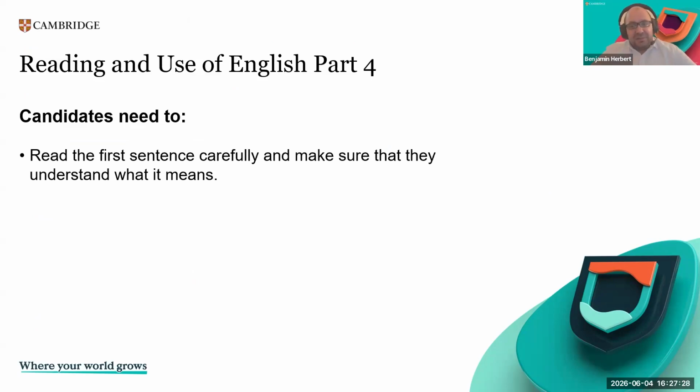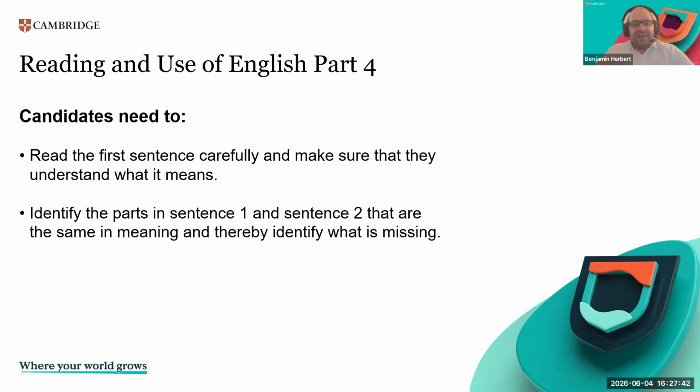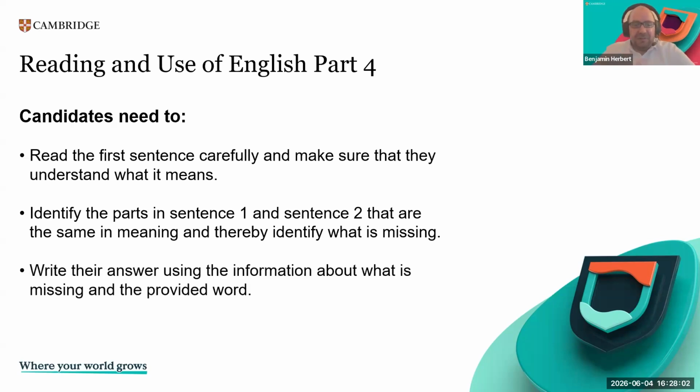So it's important that they take some time to look at that sentence, maybe think about the grammar, like the subjects and objects in the sentence, really think about what information is being conveyed, and then identify the parts, the information in sentence one and sentence two, that are the same, because that tells them what the meaning gap is between the original sentence and the second one. They then need to make sure they use that provided word to complete the sentence below.